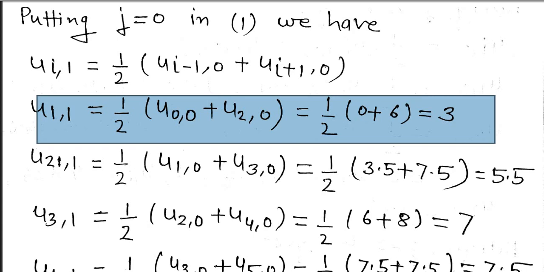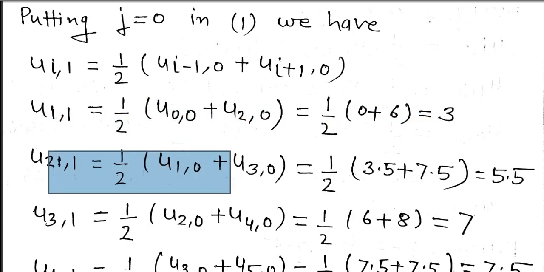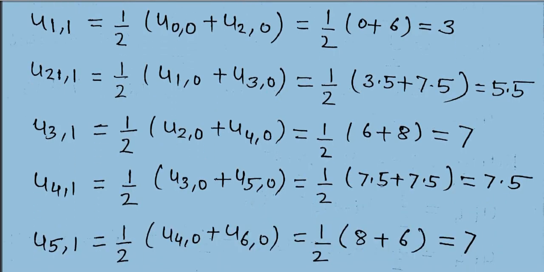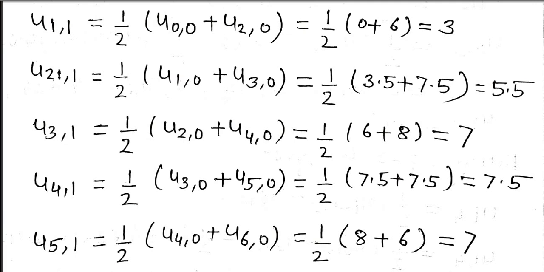Now what is u21? u21 is equal to 1 by 2 [u10 + u30], which is equal to 5.5, because u10 we already calculated, this is equal to 3.5, and u30 already calculated 7.5.